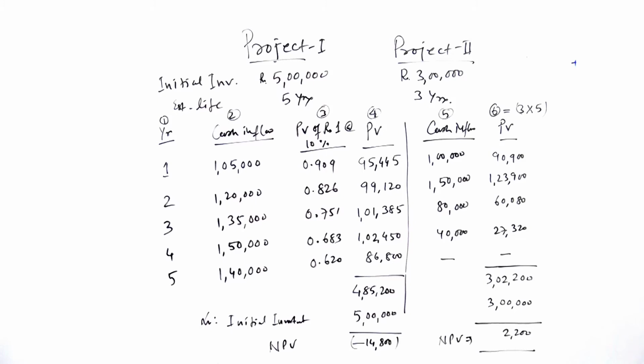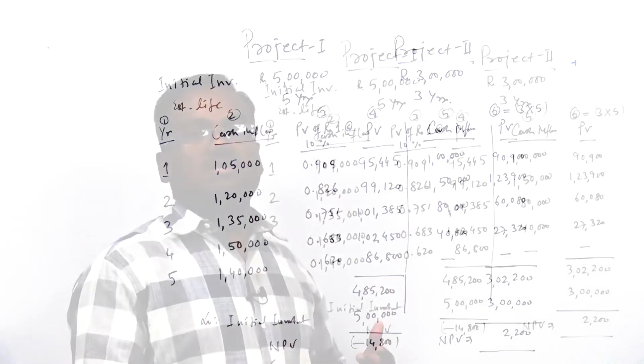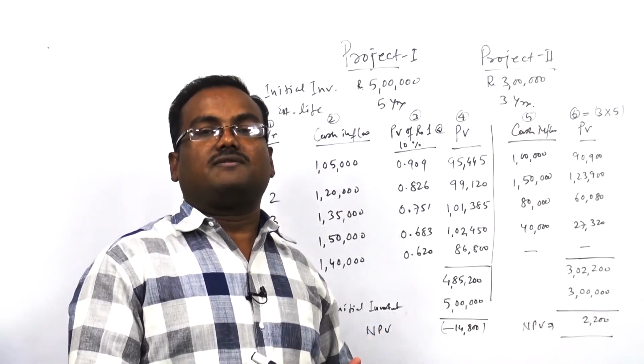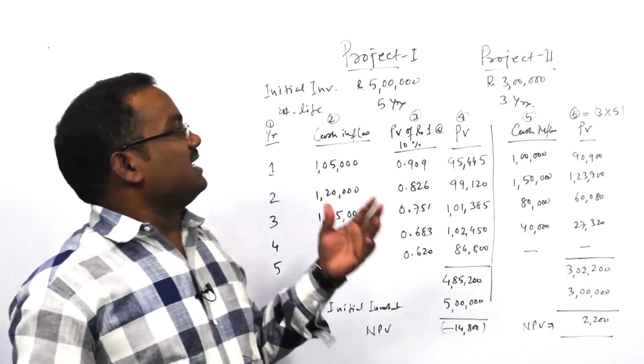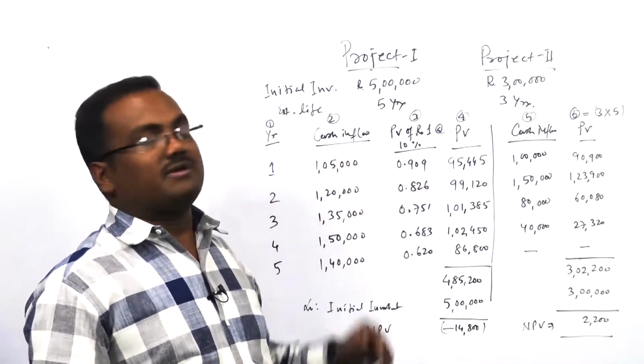So it is better to invest in project 2 rather than project 1. From there we can see how the collected funds are utilized under financial management, which can be explained with the help of investment in different projects.